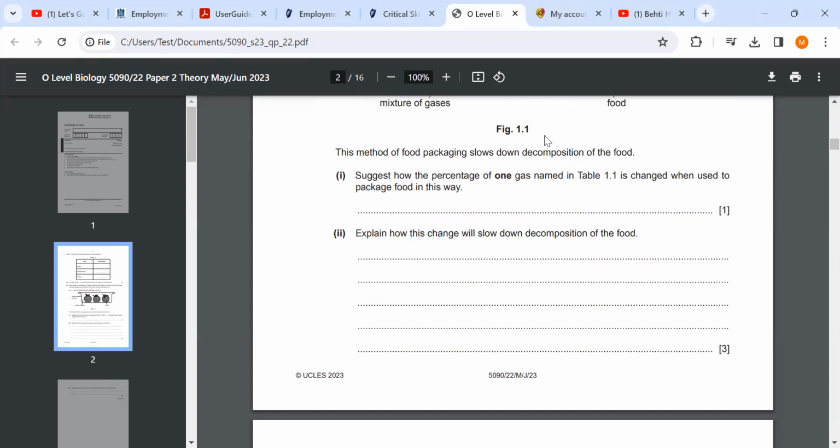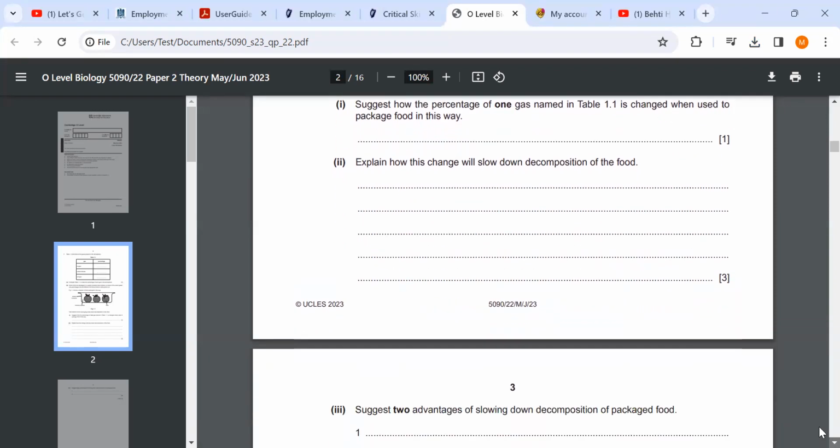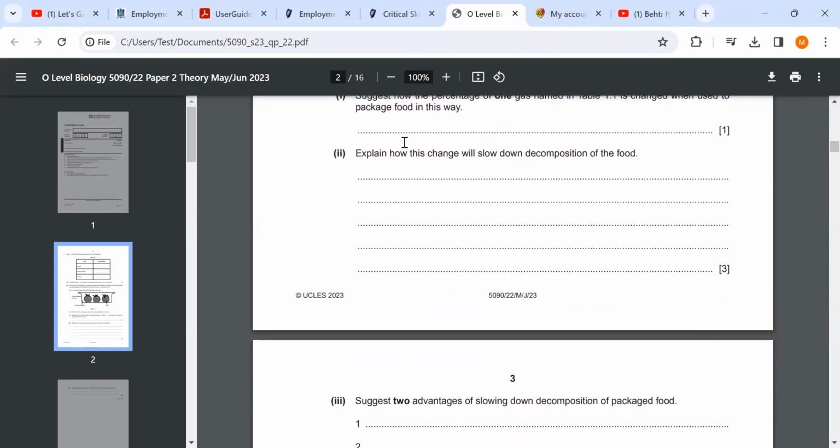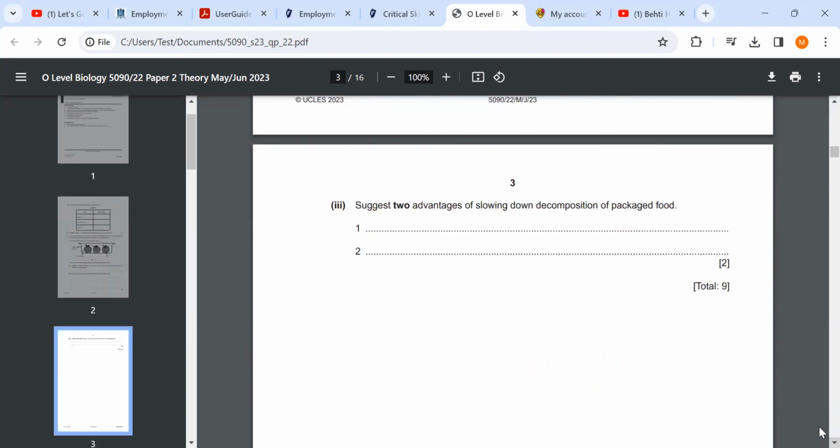I just told you that by reducing oxygen and moisture in the container we will be able to reduce the decomposition process which is occurring inside. And if they've asked us why this change occurs, it is because bacteria also use this oxygen for respiration and for energy to help break down the food.